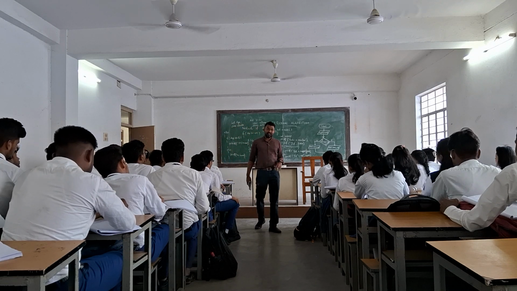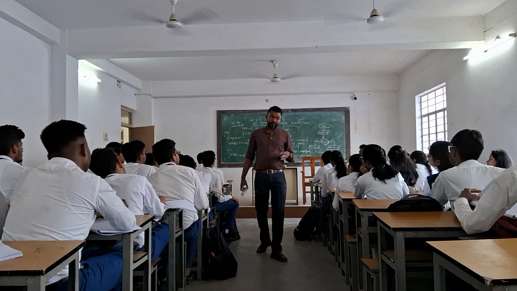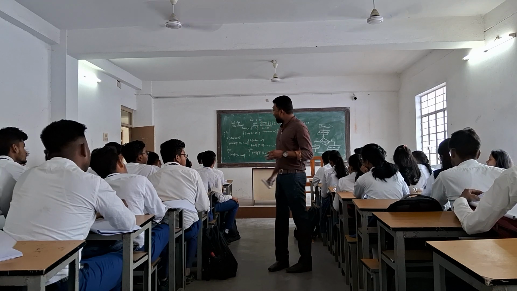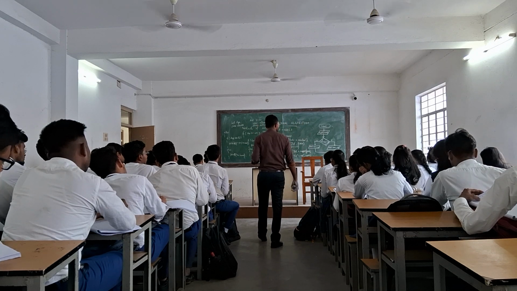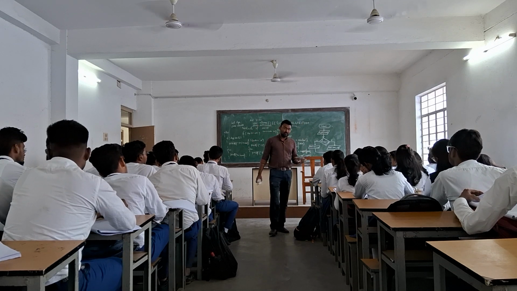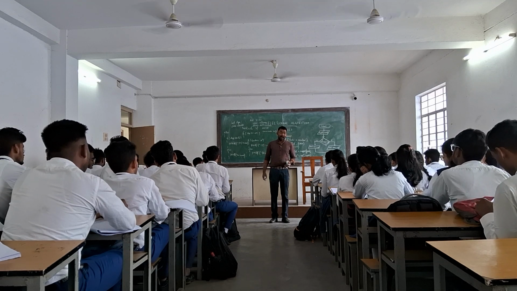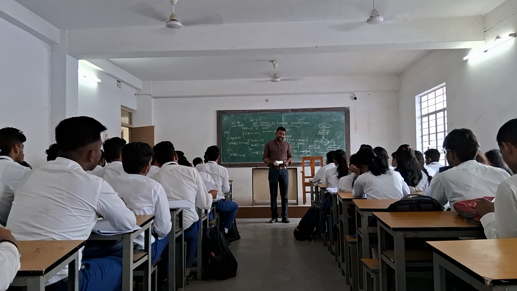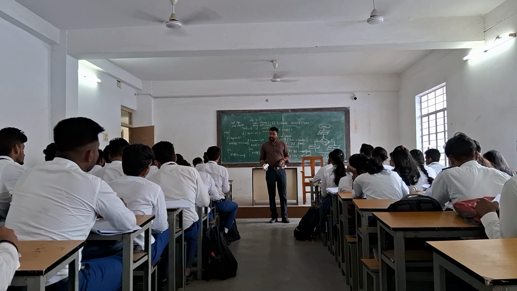And this is your task. Find out the greatest number among three input numbers. First problem is what? Find out the greater number between two numbers. Second problem is what?